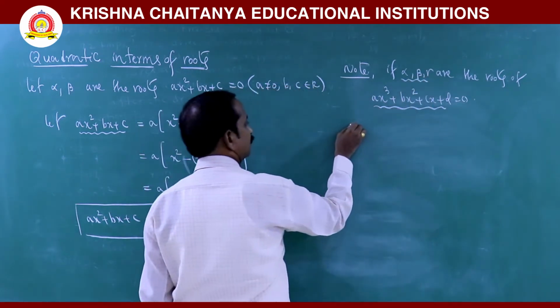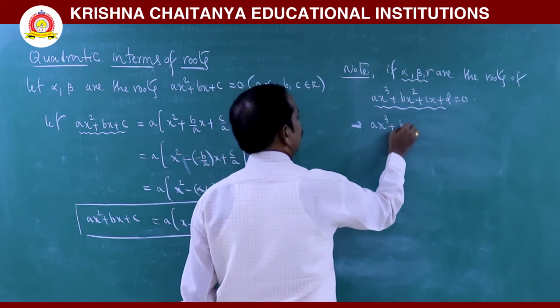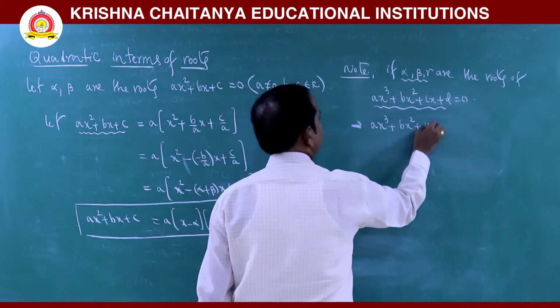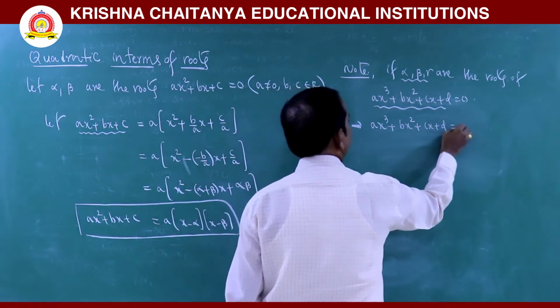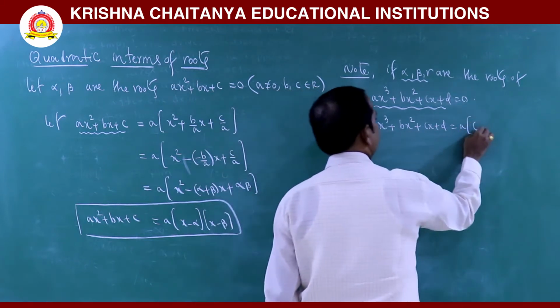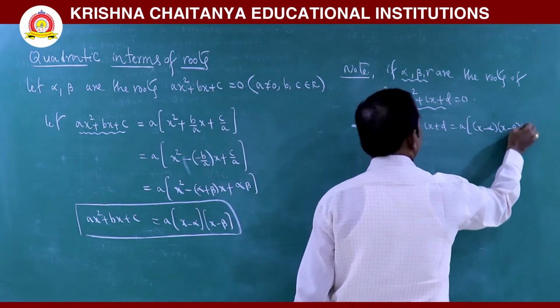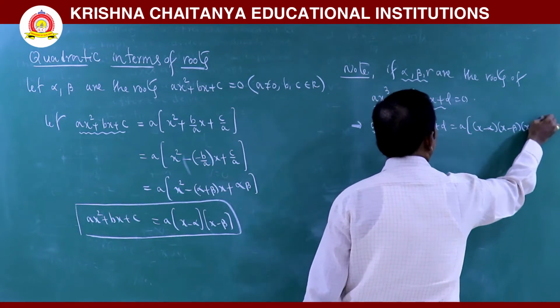So I can write directly a into x cube plus b into x square plus cx plus d is equal to leading coefficient a into x minus alpha into x minus beta into x minus gamma.